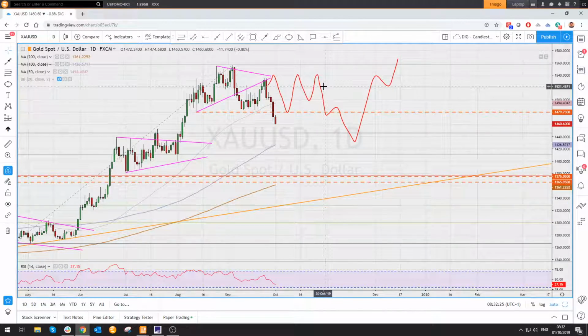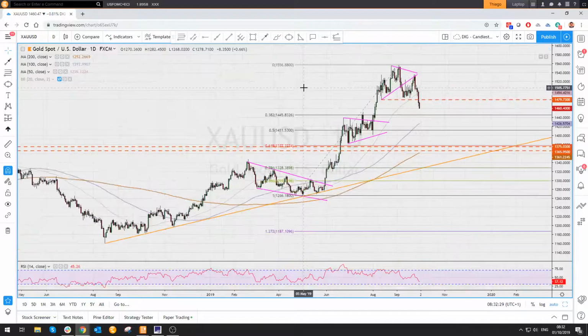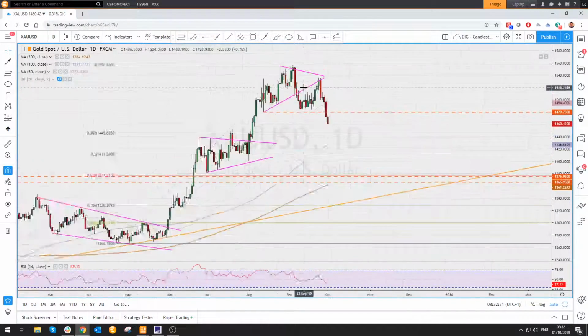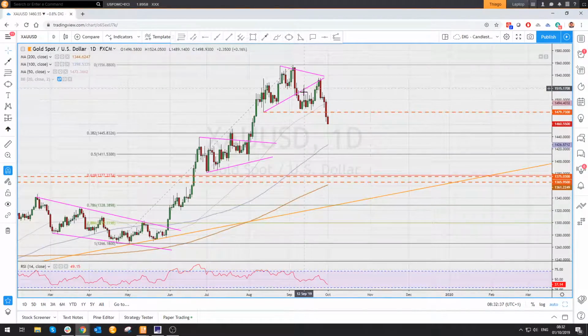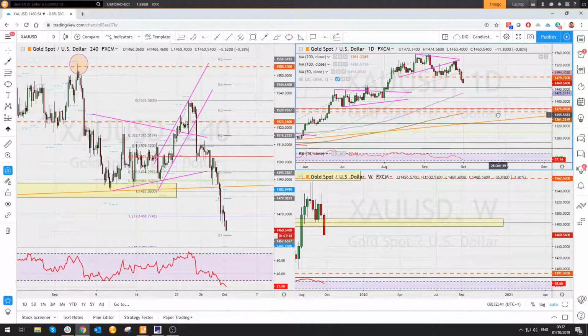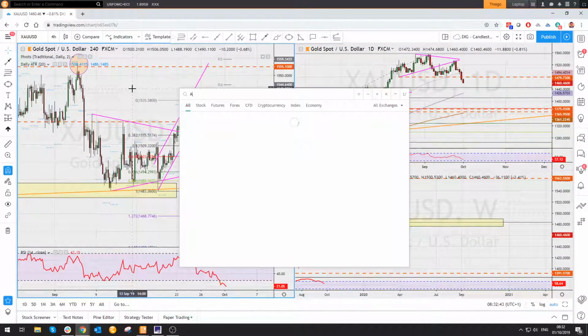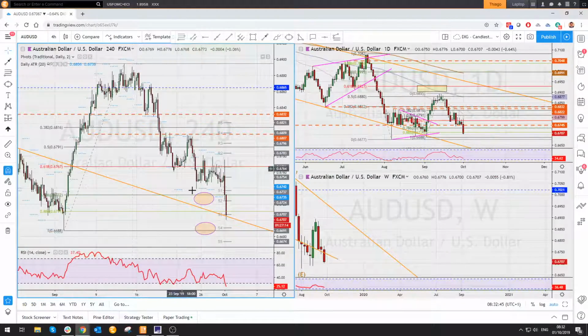So you don't want to buy the Oz and the Kiwi, knowing that gold is falling. Silver is falling. Oil is falling. All these commodities are falling, right? It's not great news.